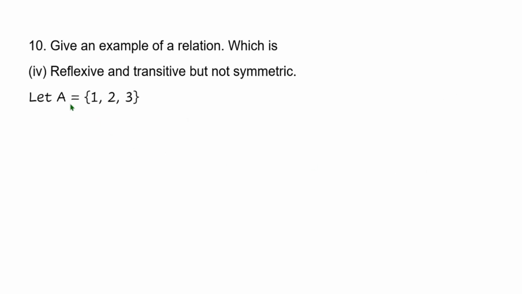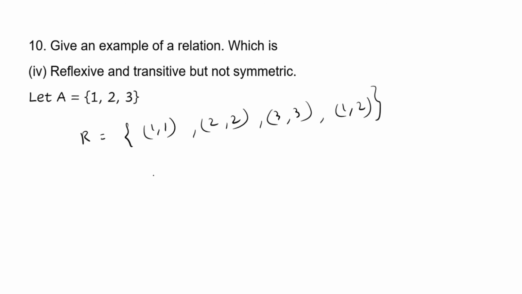Next one, reflexive and transitive but not symmetric. So let A be equal to {1, 2, 3}. It has to be reflexive, so we have R equal to (1, 1), (2, 2), (3, 3) and (1, 2).